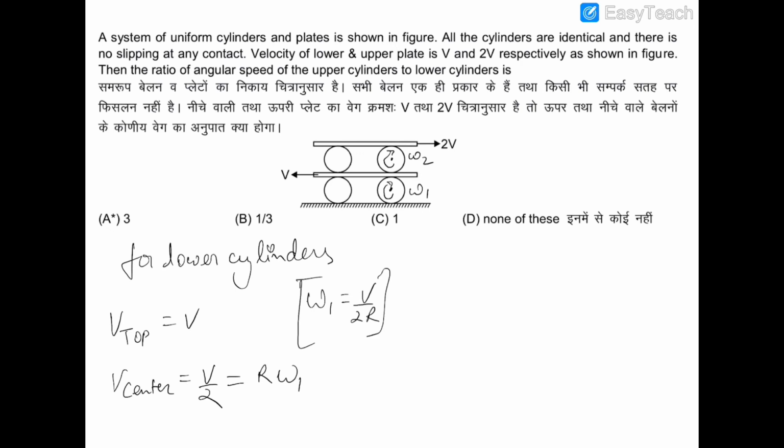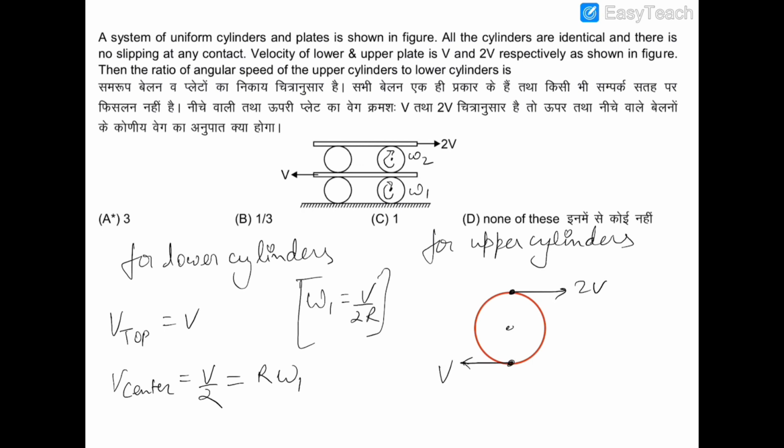Now for the upper cylinder, you can draw the diagram that the velocity of their top point is 2v. The velocity of their bottom point is v in the backward direction, and let us assume that the velocity of their center is v2 and omega is omega 2.